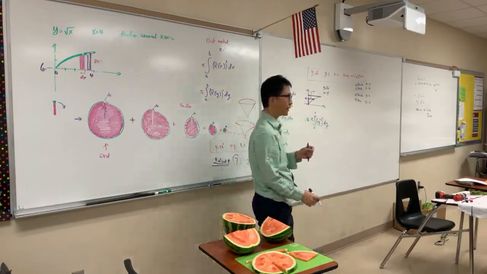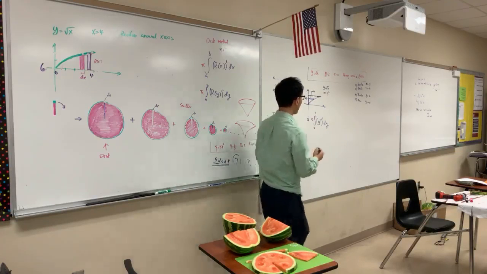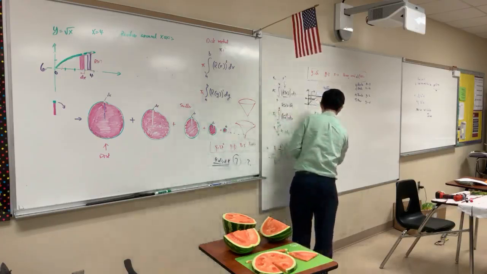If you set up correctly, then you can get it. So it'll be pi, integral from 0 to 2 of y to the 4th dy, it'll be y fifth over 5, pi, from 0 to 2, so it'll be 32 over 5 pi.